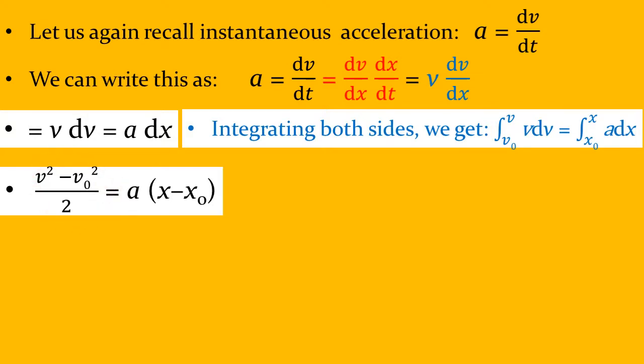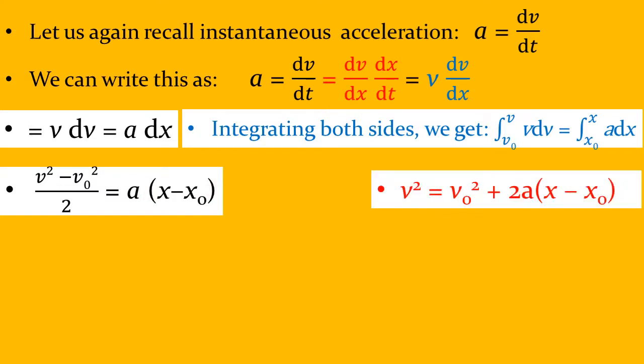And what is the integral on the right side here? a is constant, uniform acceleration, so I take it out. And what is integral dx? Integral dx is x, and between limits it is simply x minus x0. So I have here a into bracket x minus x0. If I rearrange this equation, I get v square is equal to v0 square plus 2a into x minus x0.